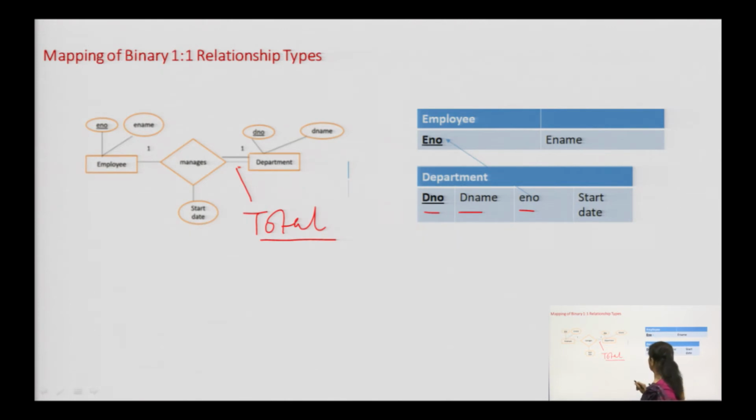Now, let us have a look. Let us say I have the ENO numbers as 1 and 2 and the name as Amit and Ajay, and I have the departments as D1 and D2, DNAME as, let us say, CS and EC, ENO such that ENO 1 manages D1, ENO 1 also manages, let us have another one, 3, Sumit, and there is another department D3 which is managed by D2, let us call it civil.